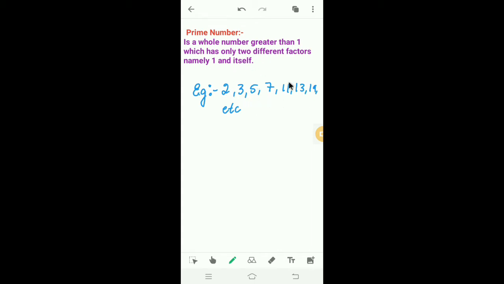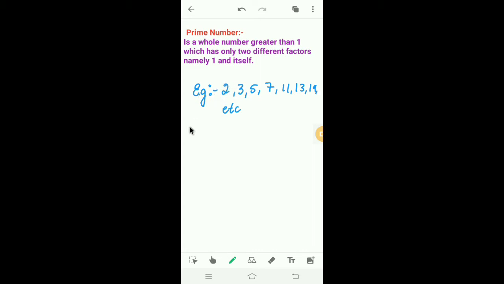Here we can observe 2 is an even number, 3 is an odd number, 5 is an odd number, 7 also odd number, 11 also odd number, 13 also odd number, 19 also odd number. Only 2 is an even number.